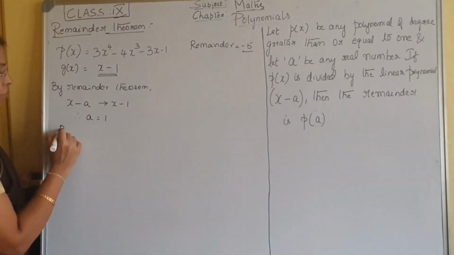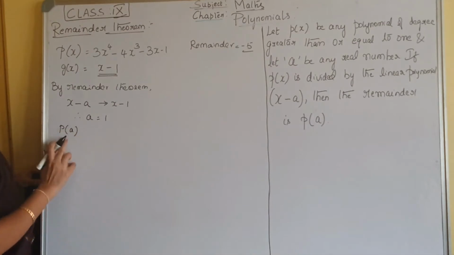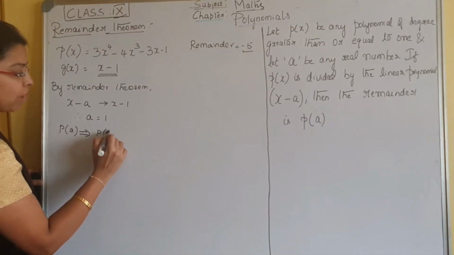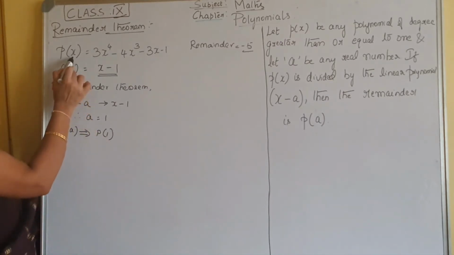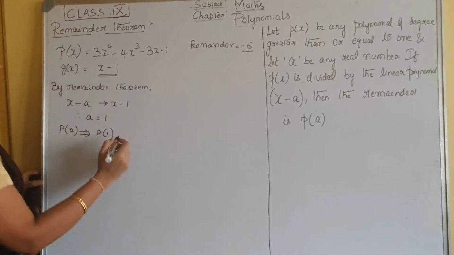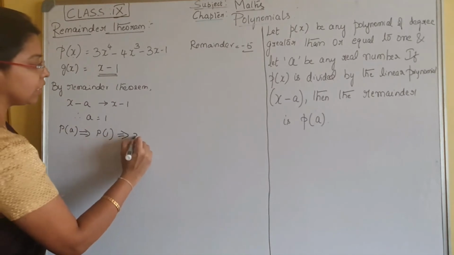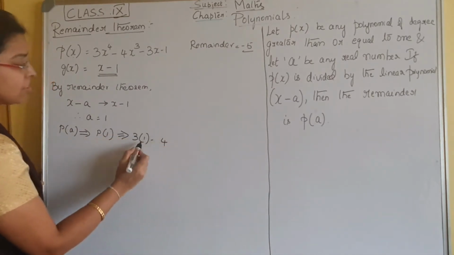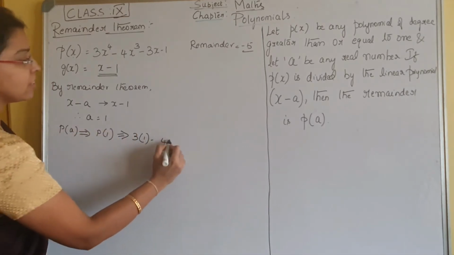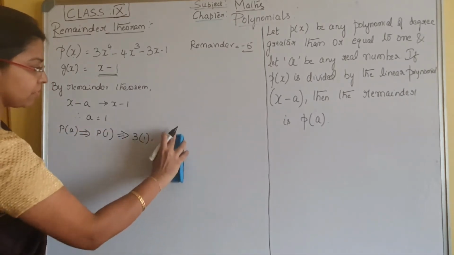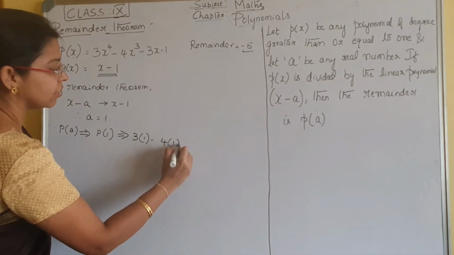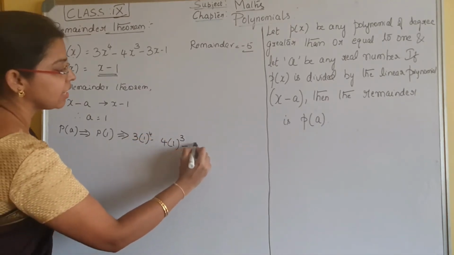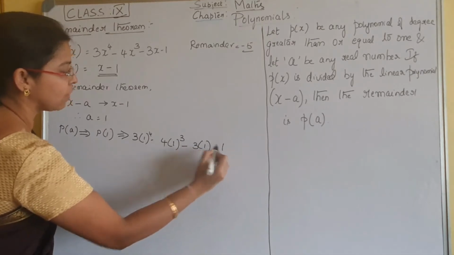Now we need to find the value of p of a, that is nothing but p of 1. So we substitute 1 in place of x. This gives you 3 into 1 to the power of 4, minus 4 into 1 to the power of 3, minus 3 into 1, minus 1.